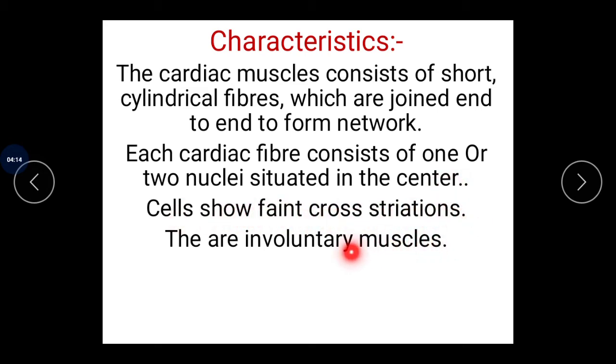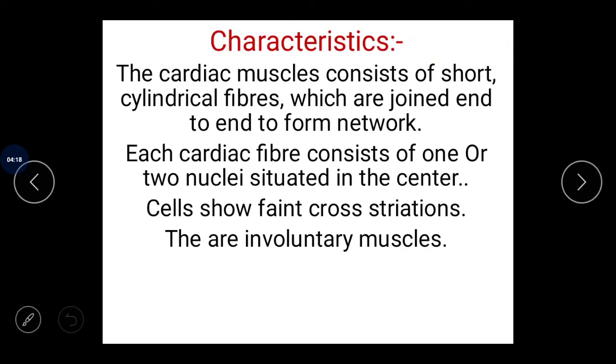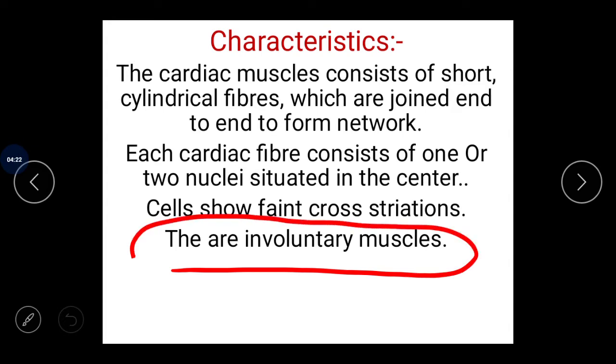Then another important characteristic of these cardiac muscles is that they are involuntary. Involuntary means they are muscles that are not under our control, not under our will. They don't work according to our will.